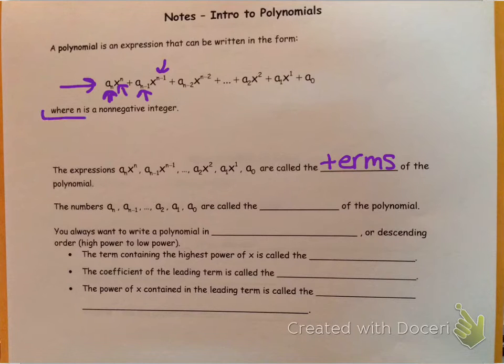This definition right here for n being a non-negative integer, it's mostly pertaining to this x to the power of n right here. I mean, it's also true that n has to be a non-negative integer for the coefficients, because you're talking about the coefficient for the first term, coefficient for the second term, coefficient for the third term, that kind of thing. But they tend to go in a different order.